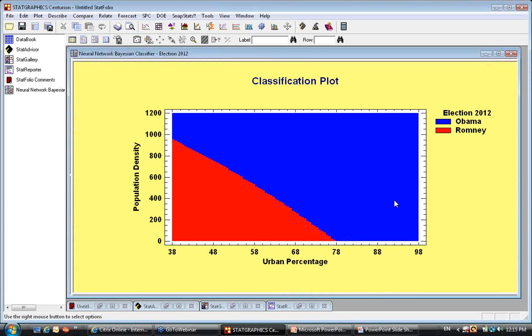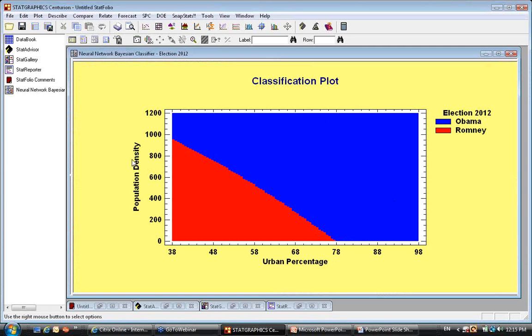Now, what it's doing is it's actually plotting the regions where it would decide it was Obama versus Romney with respect to two variables, in this case, urban percentage and population density, with all the other variables held constant at their mean values.